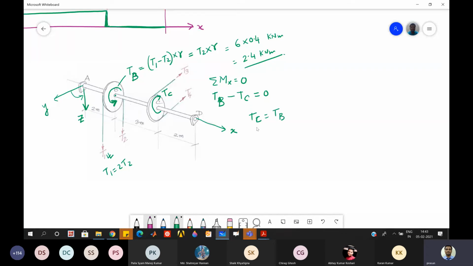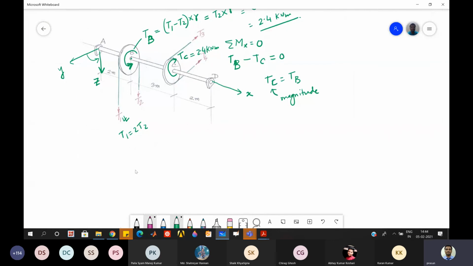TC here means the magnitude, because I have used a sense just opposite to TB. That's why the magnitude of TC will be equal to the magnitude of TB, and you know that this is 2.4 kilonewton meter.